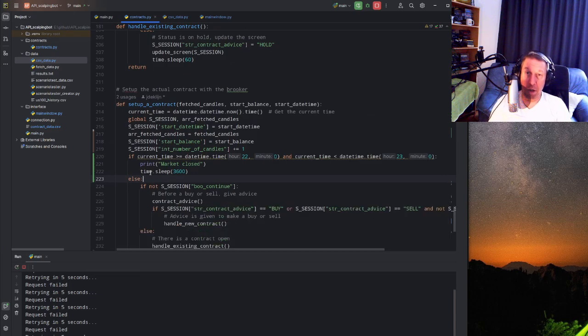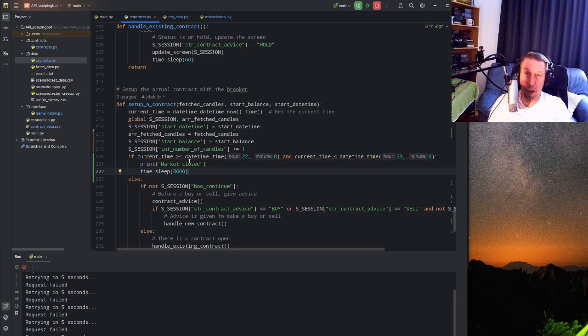I changed the time that the market closed sleep. The time to sleep I enlarged to 3600, because what I noticed yesterday was that when the market closed and I had a time sleep of 900 seconds, a quarter of an hour, I thought, okay, then we see this 4 times, and in those 4 times there will be some sleeping to be done, and then we are finished.